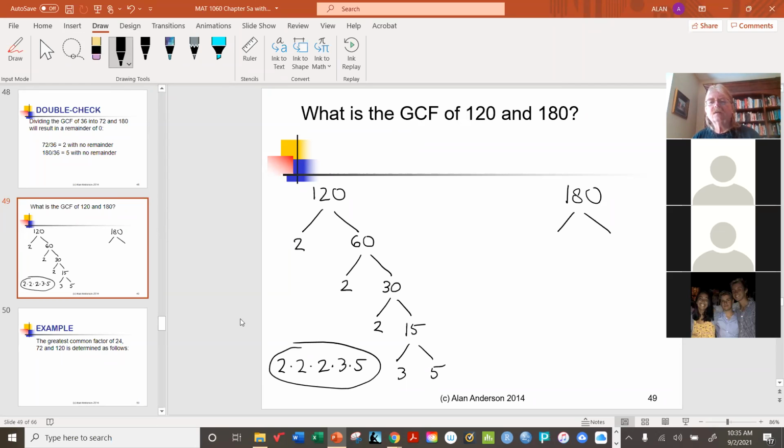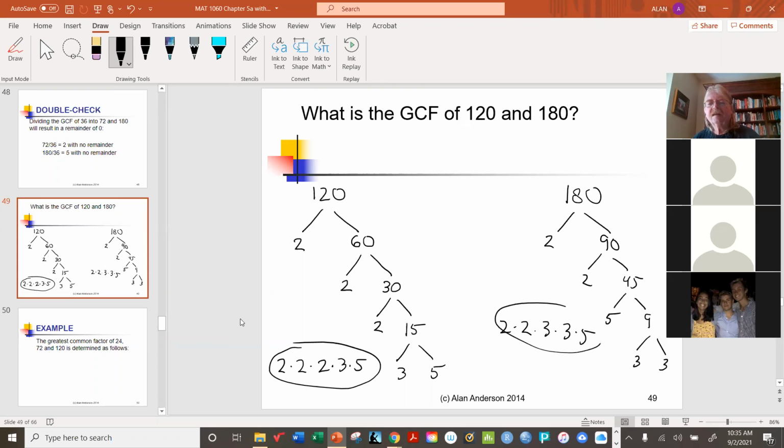And over here, we'll do 2, let's say 2 and 90, 2 and 45, 5 and 9, 3 and 3. Okay, so the factorization on this side is 2 times 2 times 3 times 3 times 5.